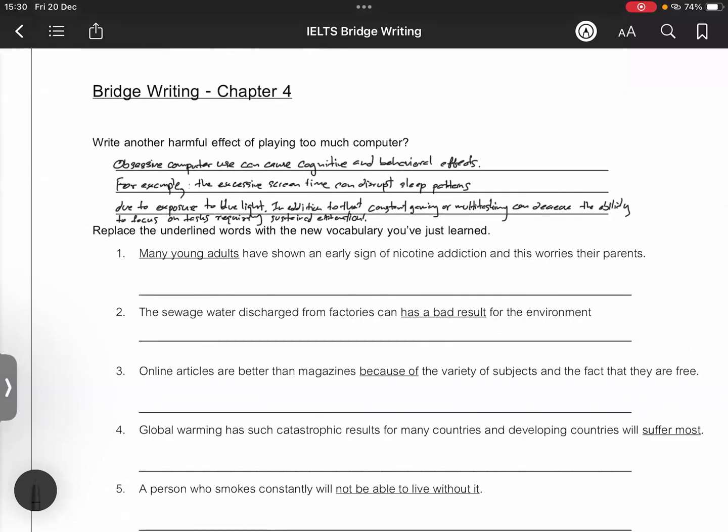Right. Now let's look at some vocabulary exercise. So same deal, all right? We have to replace the underlined words with new vocabulary that you have just learned. Okay, so the first statement, many young adults have shown an early sign of nicotine addiction.